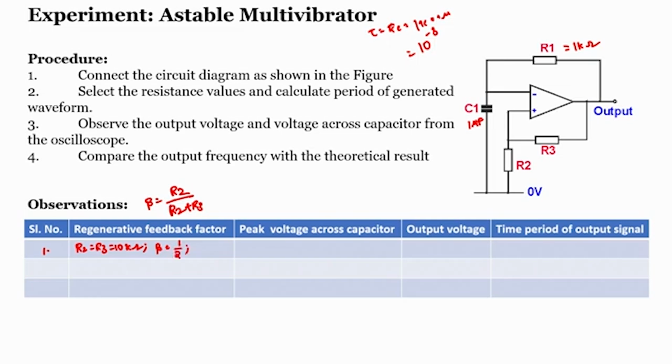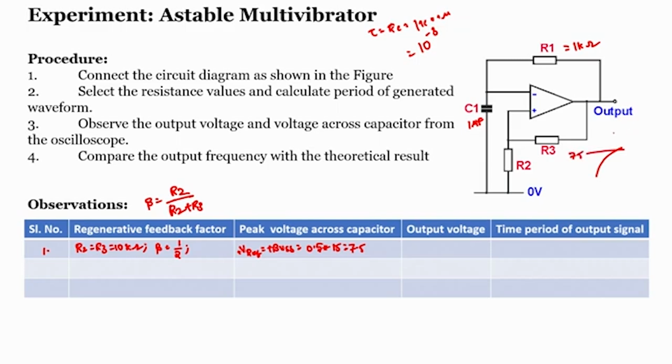Now since it is 1 by 2, what is the peak voltage across the capacitor that we can see? It is going to plus peak voltage, or plus reference, right, or plus beta into VSS, which is 0.5 into VSS. VSS is 15 that we are using, so it is 7.5. That means we are making the capacitor charge only till 7.5 volts.